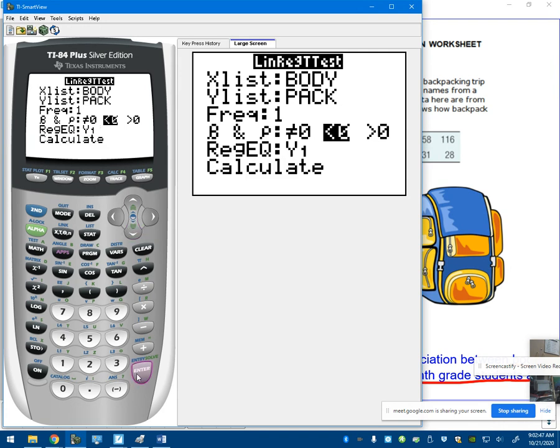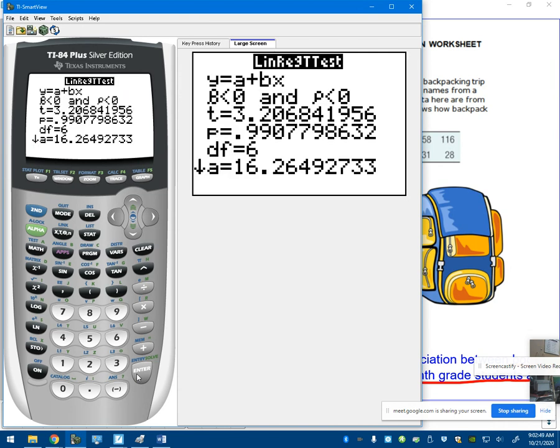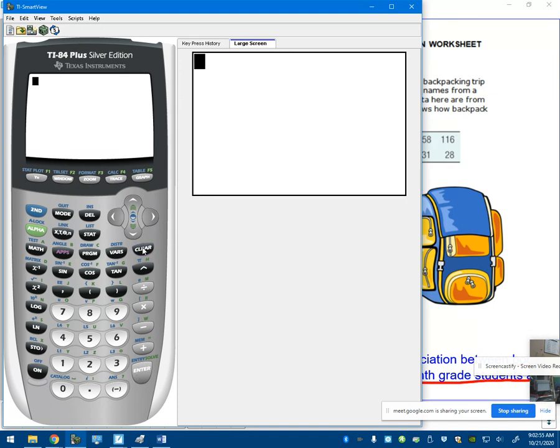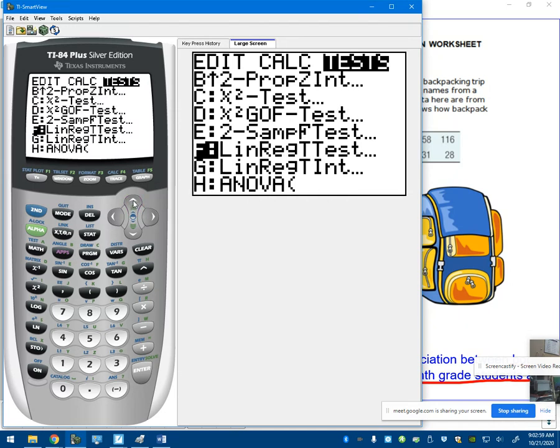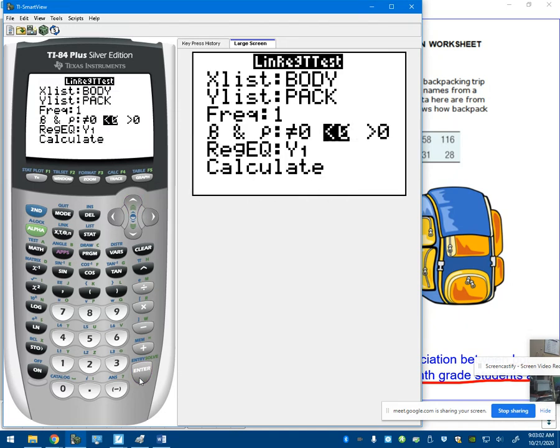Go down and hit calculate. What's the bar spot? It's by clear. Here, I'll do the whole thing from scratch. Ready? Go to stat, over to test, up arrow to LinReg t-test. You put in your list like normal. Make sure frequency says 1.